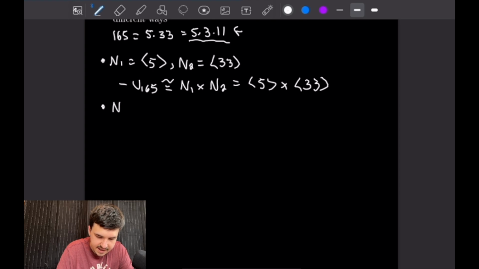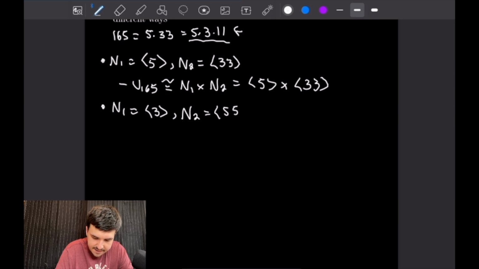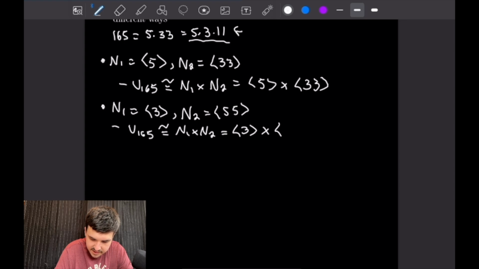So for this one, let's go ahead and write N1 as the set generated by 3, and then we can write N2 in the following way, where it is equal to the set generated by 55. And just like before, U165 is isomorphic to N1 cross N2, which in this case is equal to the set generated by 3 cross the set generated by 55. Great.